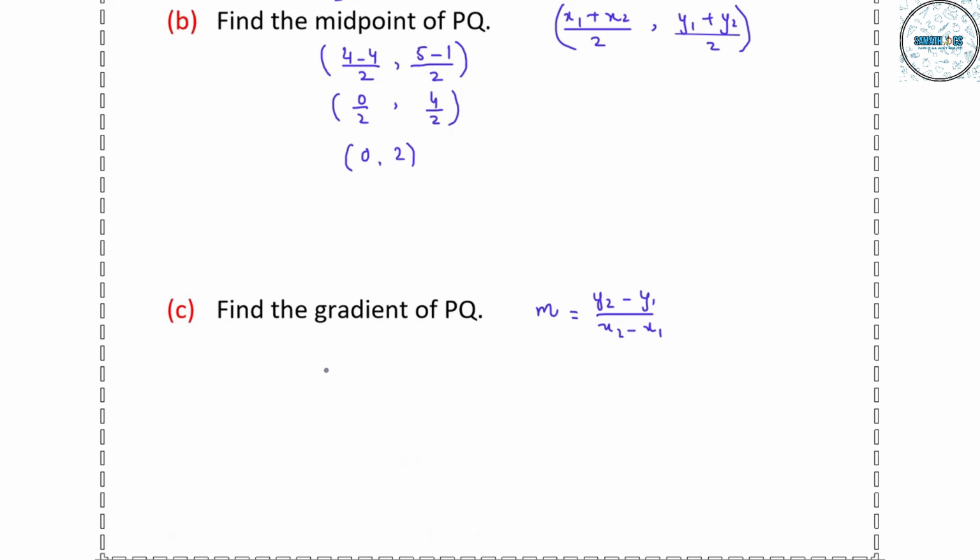So we can take out the gradient of PQ by substituting the values in the formula. y2 is -1 and y1 is 5, so -1 minus 5 upon x2 minus x1, which is minus 4 minus 4, which is equal to minus 6 upon minus 8. So finally, we have 3 upon 4 as the gradient of PQ.